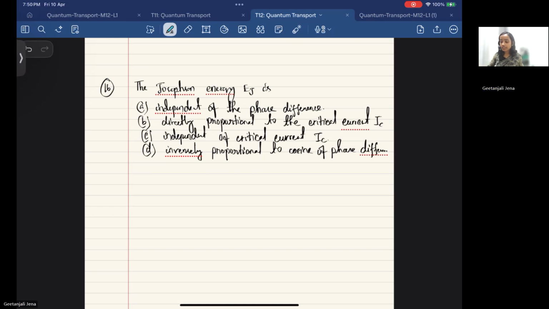Option B, it is directly proportional to the critical current IC. Option C, it is independent of critical current IC. Or option D, it is inversely proportional to cosine of phase difference. So what is the relation between EJ with critical current IC and the phase difference phi across the junction?